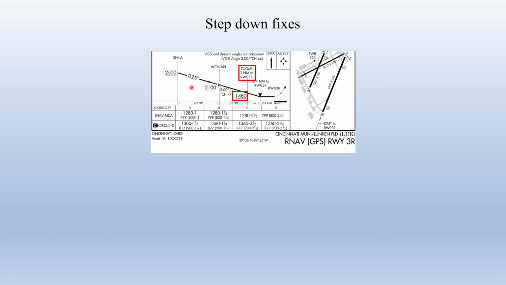So if we're flying this approach, once we get inside of Shiloh intersection, we descend down to 2100 feet, we slow down, we configure, and then when we hit the final approach fix, we'll start descending, but we can't go to the MDA. We have to go to this step-down fix instead. So we'll descend down to 1480 until we get to Zugme intersection. And then once we get to Zugme intersection, we can go ahead and go down to our MDA of 1280.